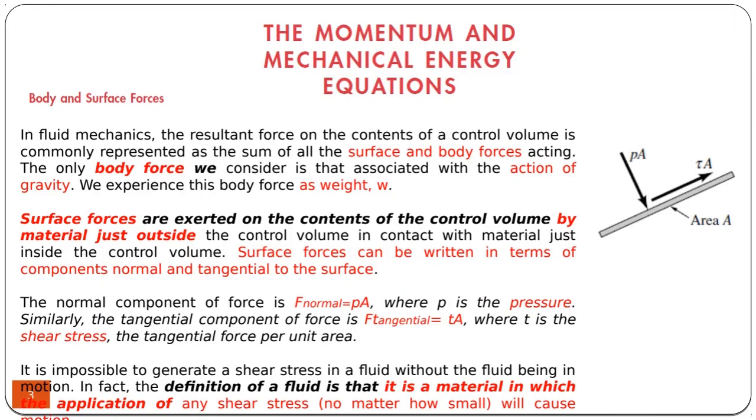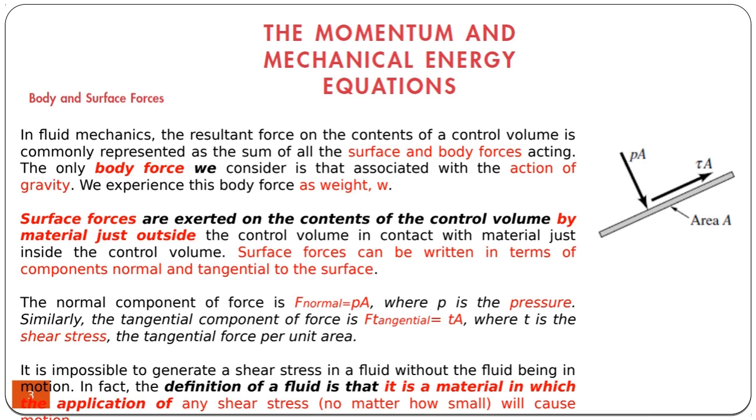The conservation of mass is very easy to understand, so I just skip it. We will continue with the momentum equation, then we will go on with the mechanical energy equation. In the momentum equation, we need the forces acting on a fluid particle or on a surface, and in return of this, there can be either a motion, or if it's a static condition, the fluid will be in a stationary situation.